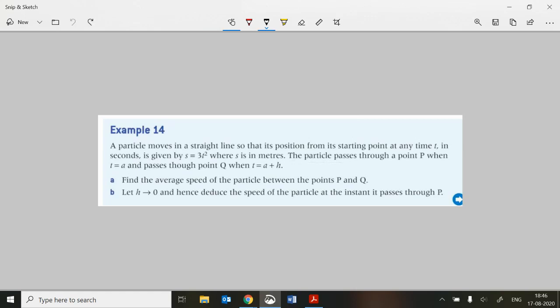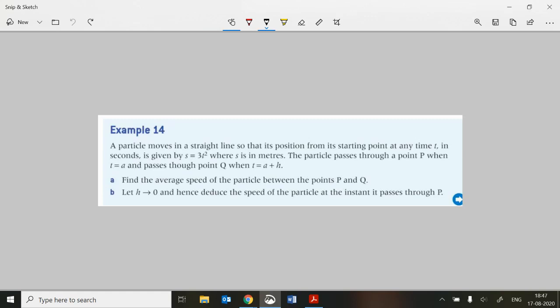The particle passes through a point P when t is equal to a, and passes through point Q when t is equal to a plus h. So you can see how they're linking this to our formula. Find the average speed of the particle between these 2 points.